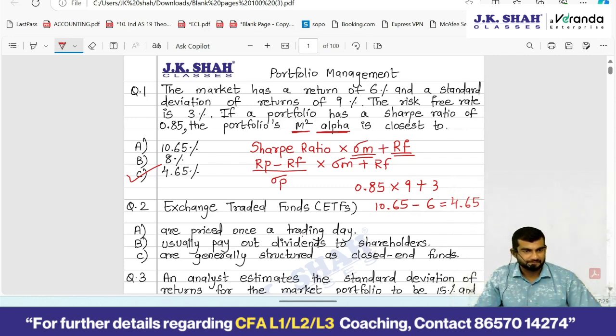That is the market return 6% which I have subtracted. So alpha is what? The return of your portfolio over and above the market return, right? Now don't confuse M square alpha with Jensen's alpha. Jensen's alpha was the return on your portfolio over and above the return as prescribed by the CAPM. Okay, proceed.